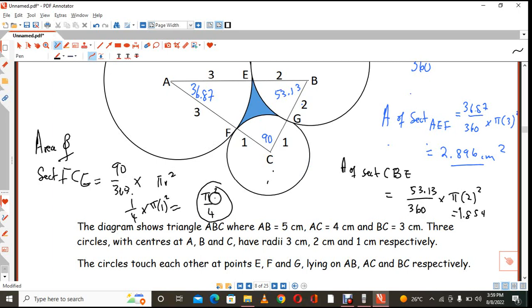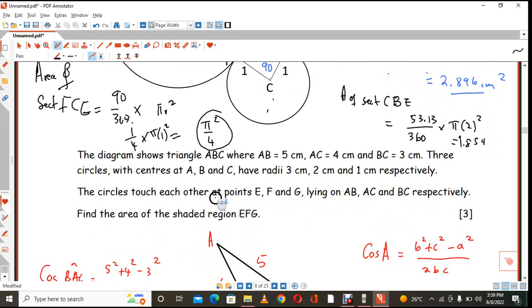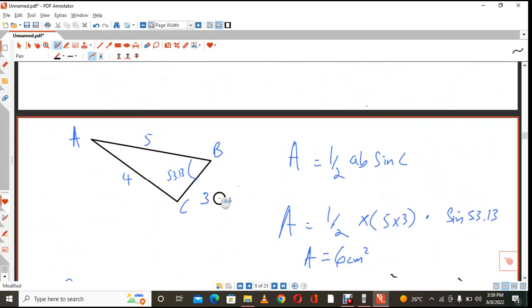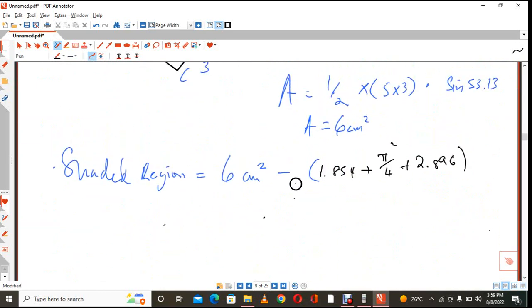Well, the radius here is 1, so it will just be pi over 4. So let's remove that square.